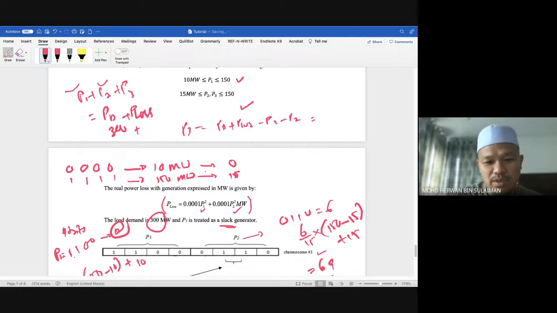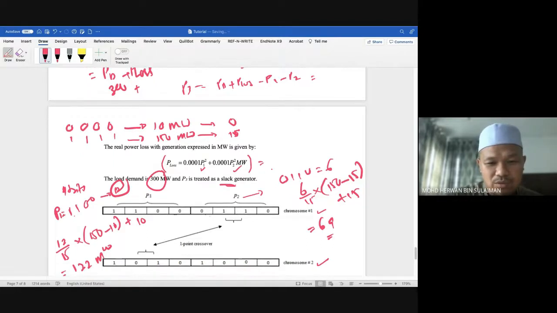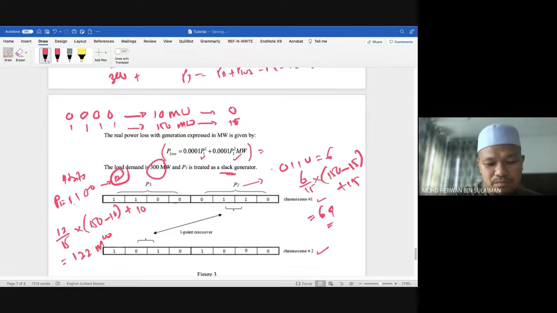You need to calculate your P loss. How much is your P loss now? Your P loss is P1 squared. Now your P1 is 122, so 122 squared times 0.0001 is 1.4884, plus your P2, which is 69 squared times 0.0001.